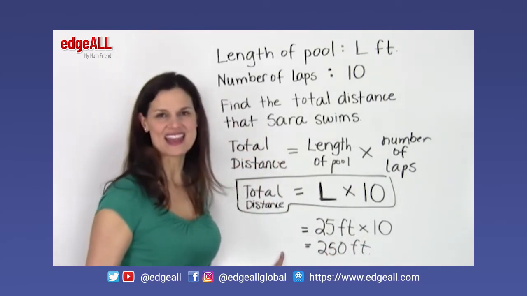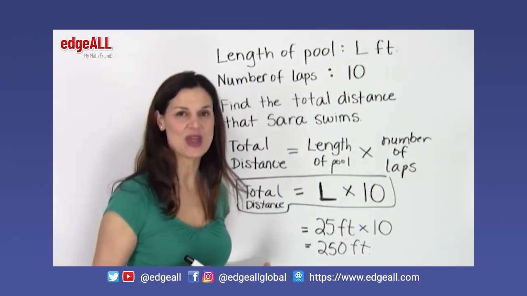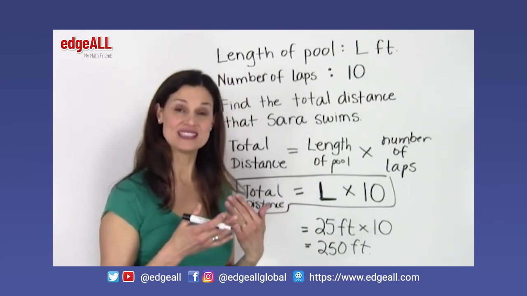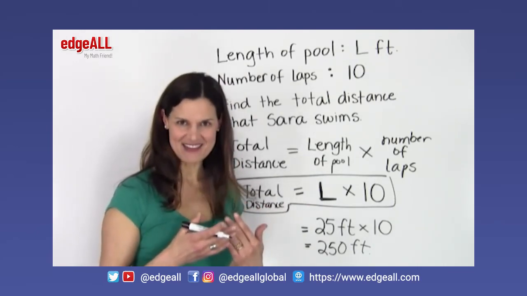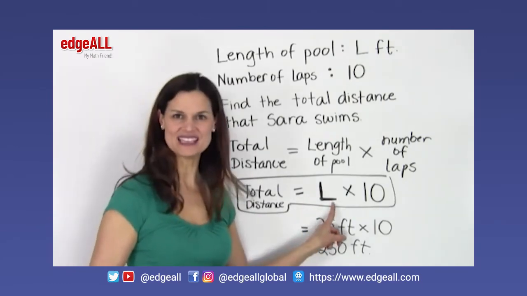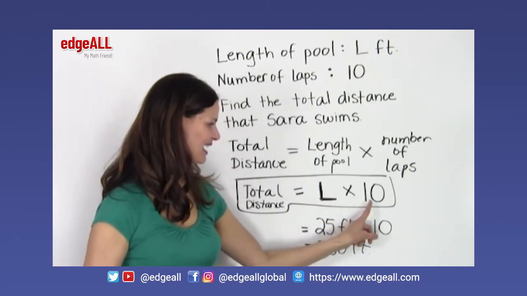And similarly then, if we found out that Sarah swam in a much larger or a much smaller pool, we would simply take the length of that pool that she swam in, place it here in place of the L, and multiply by 10.